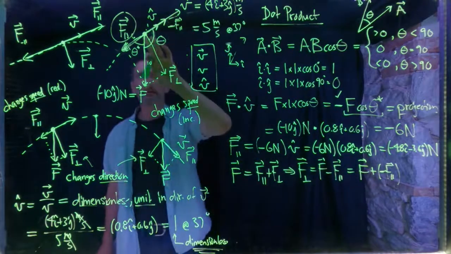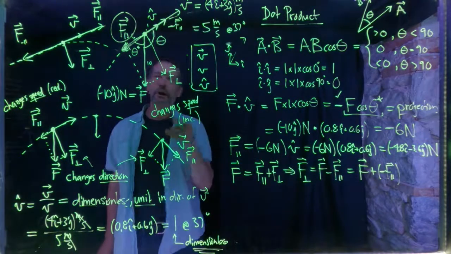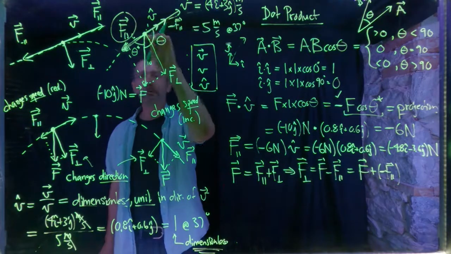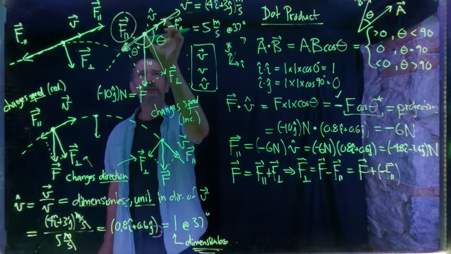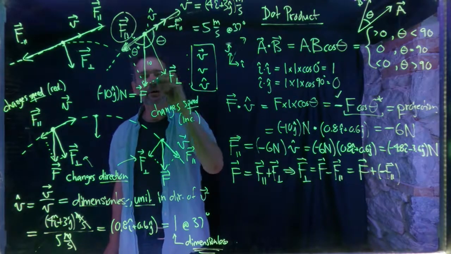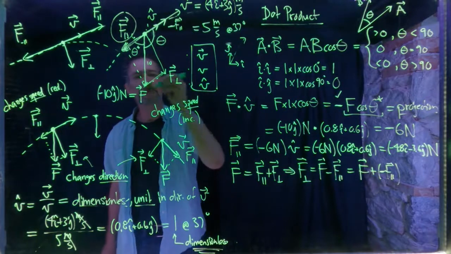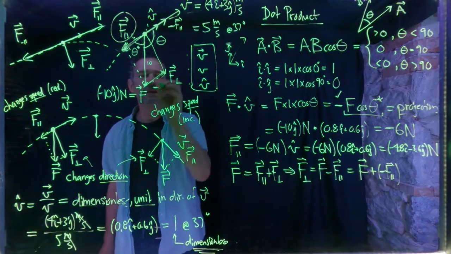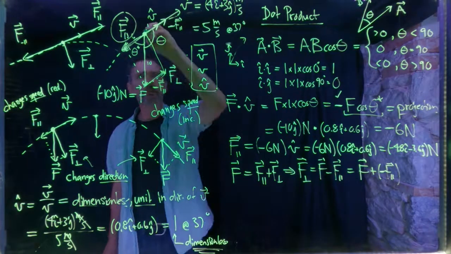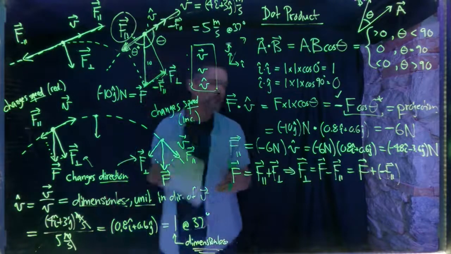You can just do this graphically, tip to tail. Start with F, then add this vector tip to tail, bring this vector down to here, and you'll see, oh yeah, look. This vector right here is negative F parallel. So F added to negative F parallel gives you this resultant vector, which is F perpendicular.